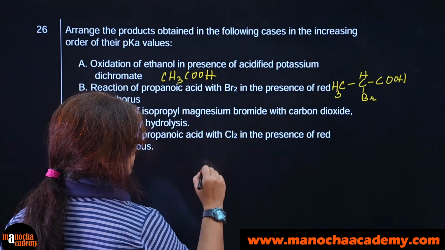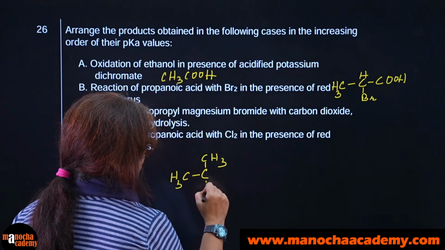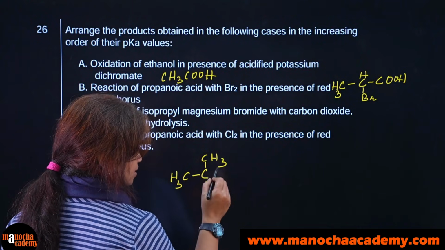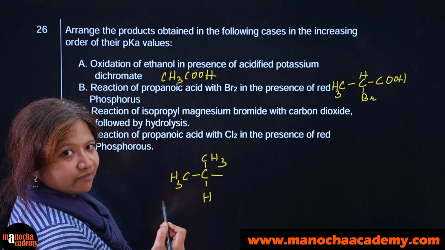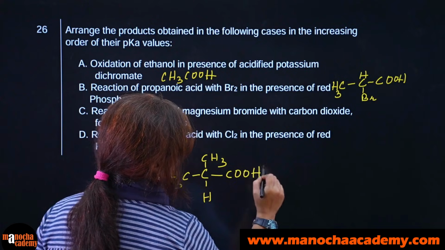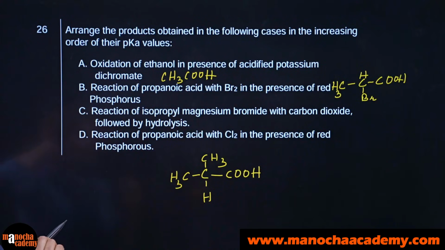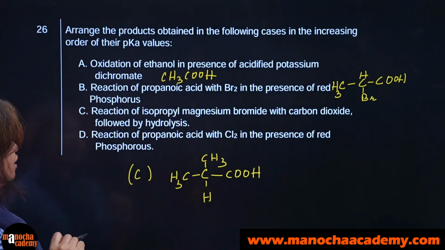Isopropyl means CH3, CH3, CH. Isopropyl magnesium bromide plus carbon dioxide will give the corresponding carboxylic acid, so we get the COOH group. So this is for C. I'm not writing the reaction.